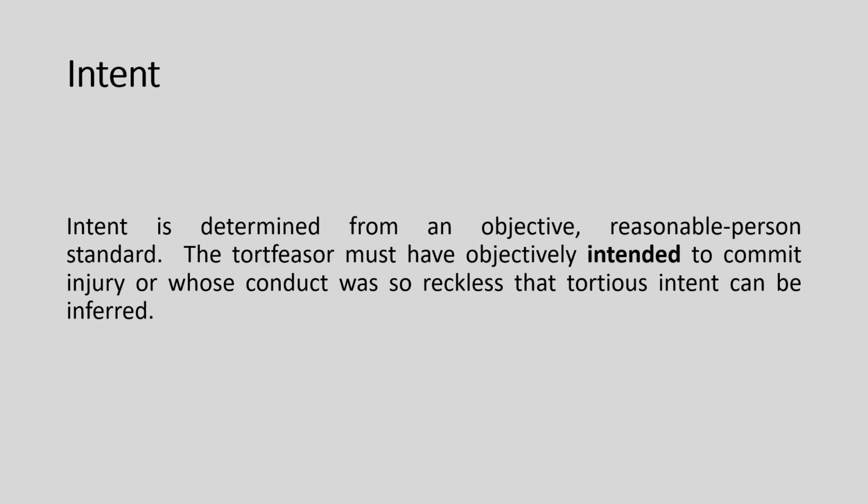Instead, a tortfeasor must have objectively, from the perspective of a third party, looking at the situation objectively and from afar, intended to commit injury or whose conduct was so reckless, so extreme, that tortious intent can be inferred by the circumstances. So, a tortfeasor must have objectively intended.